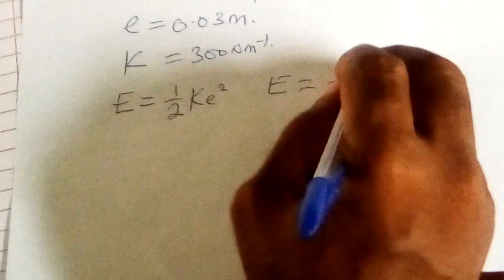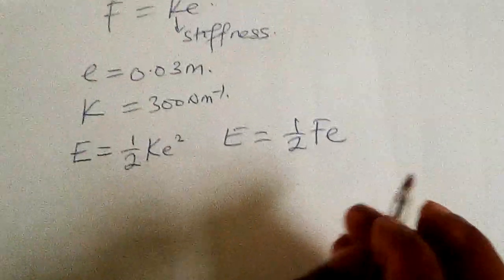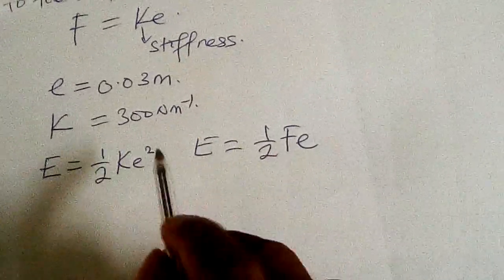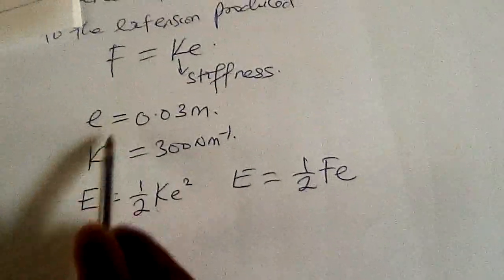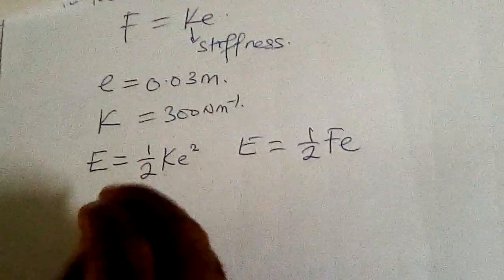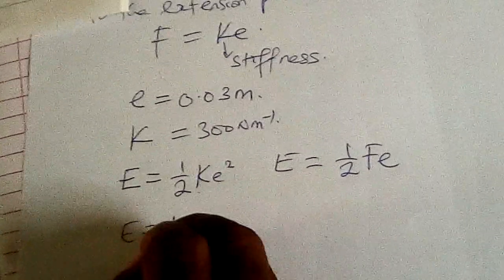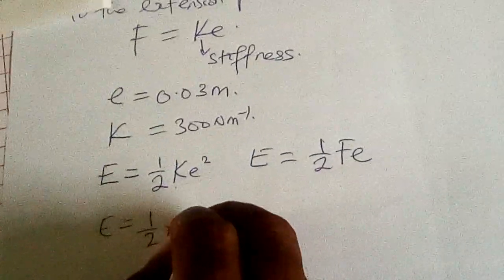But in this situation, we're going to apply this based on the parameters given to us. Energy equals half times 300 times 0.03 all squared.